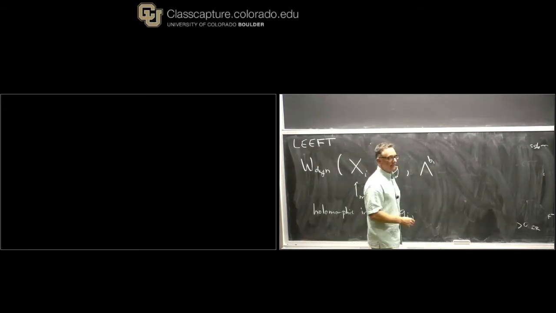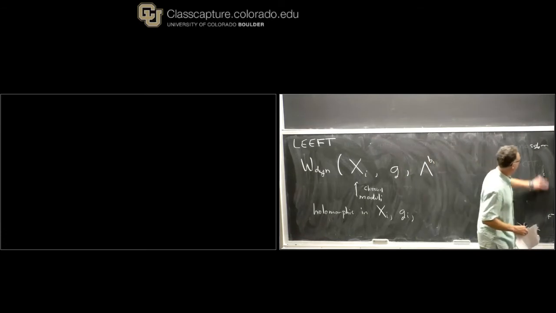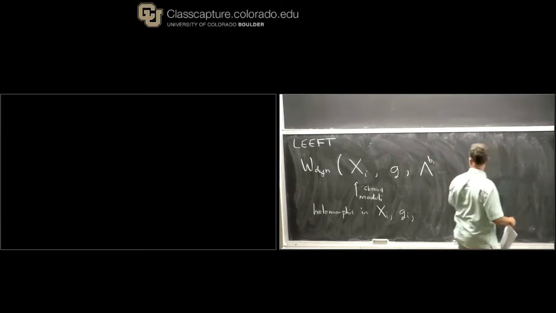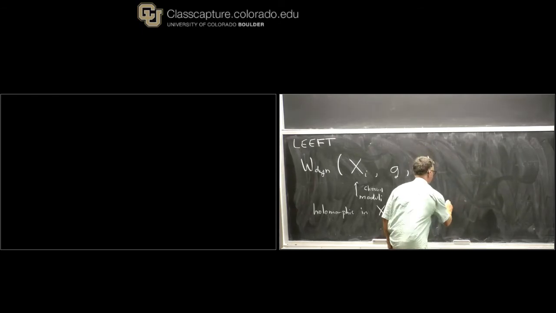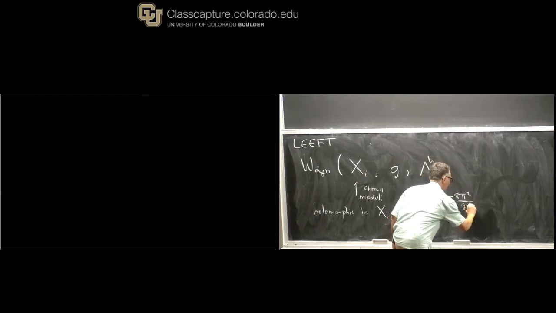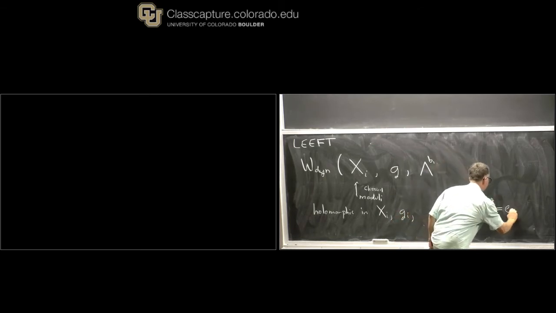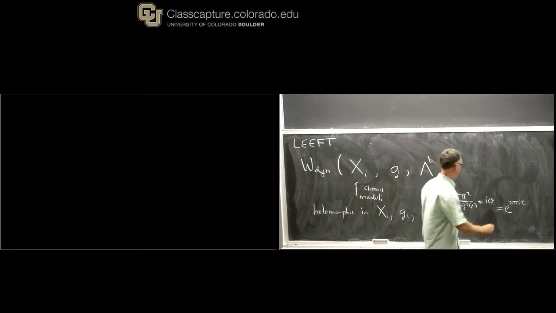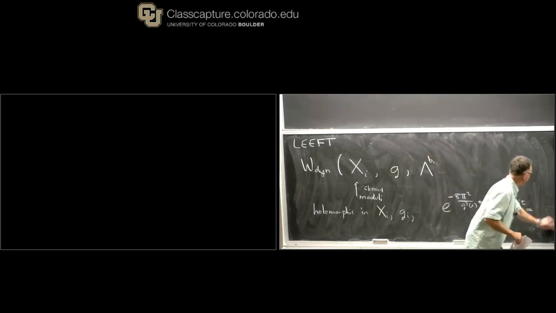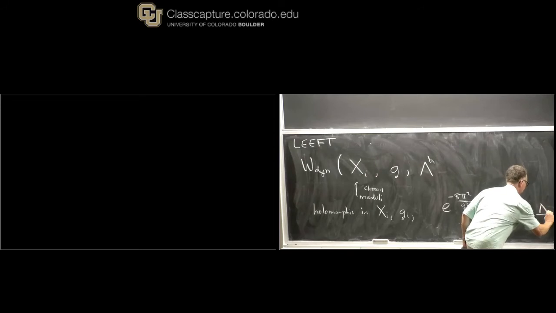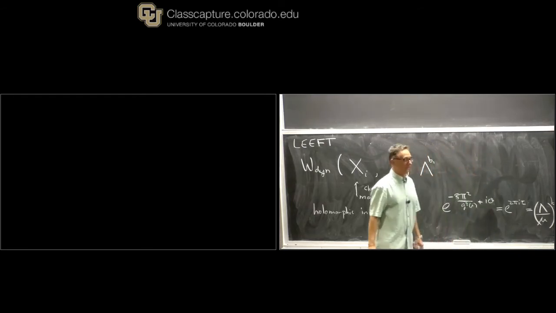And this is something that Clay also discussed last week: if you look at the one loop running, what you get is e to the minus 8 pi squared over g squared of mu plus i theta, which is e to the 2 pi i tau, where tau is what people sometimes call the complex modulus, and this is lambda over mu to the coefficient of the one loop beta function.